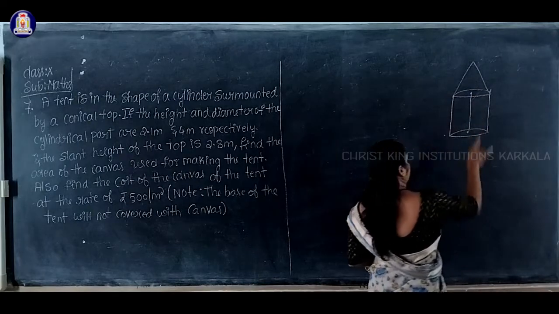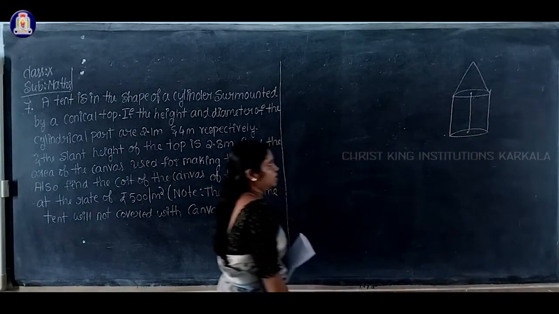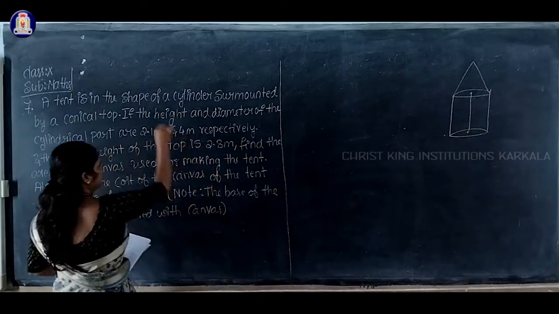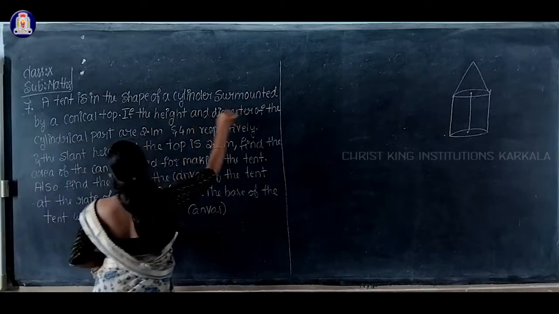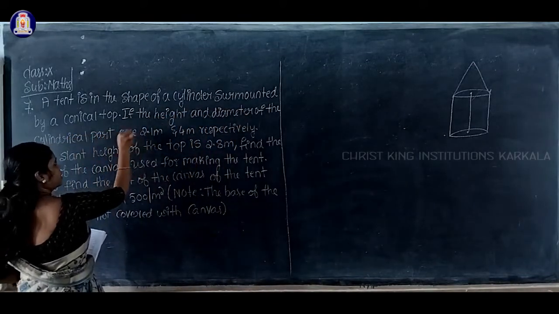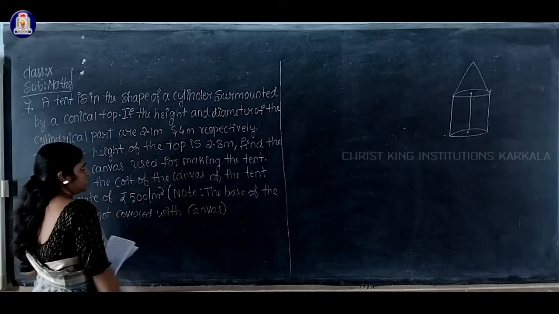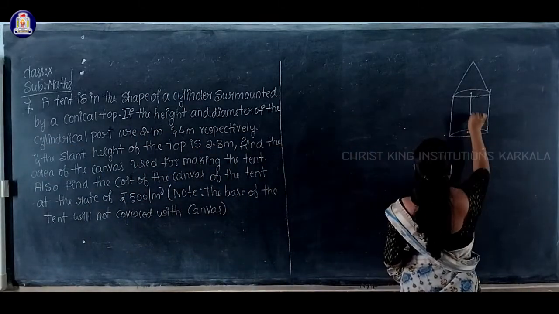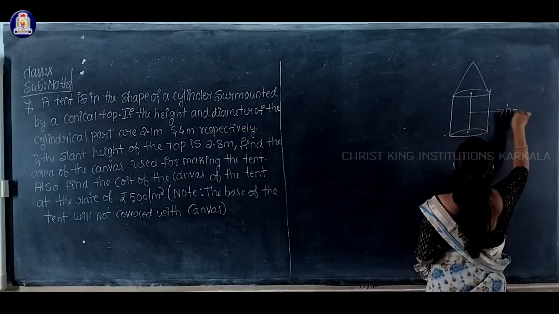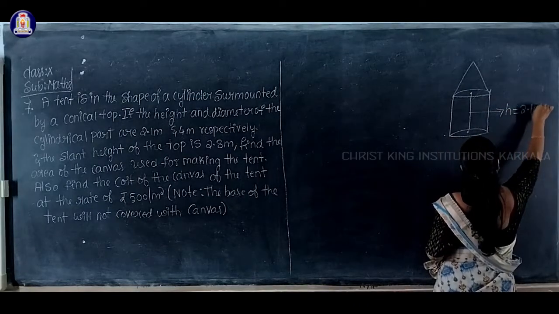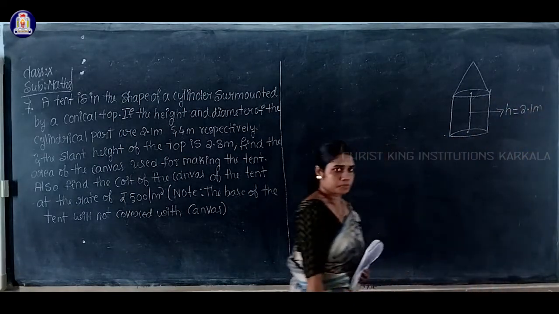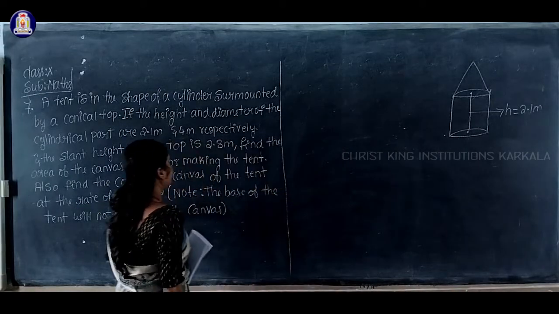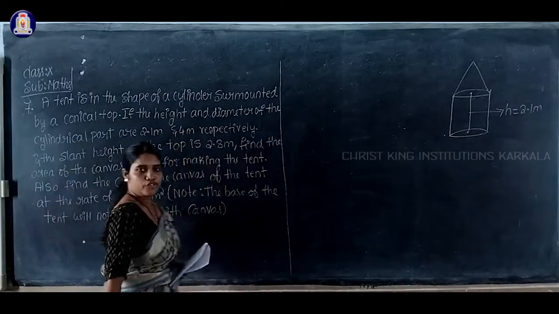In the question, the height of the cylinder is given, isn't it? The height and diameter of the cylindrical part are 2.1 meter, means height is equal to 2.1 meter. This is your height, so h is equal to 2.1 meter. Also the radius is given, 4 meter.